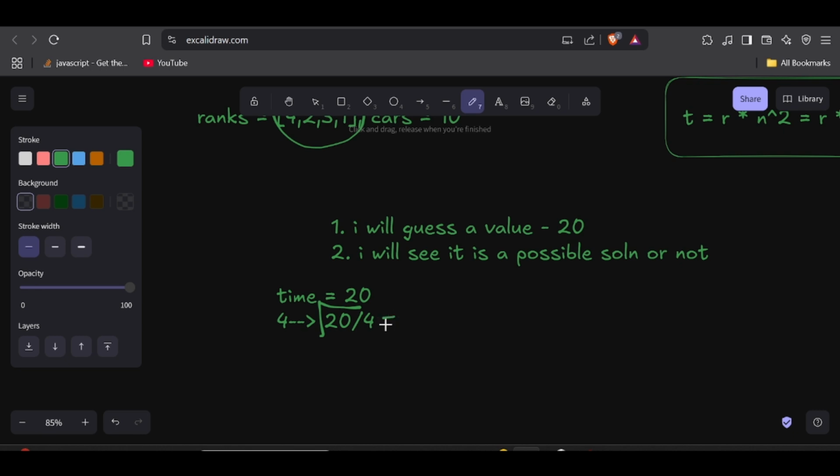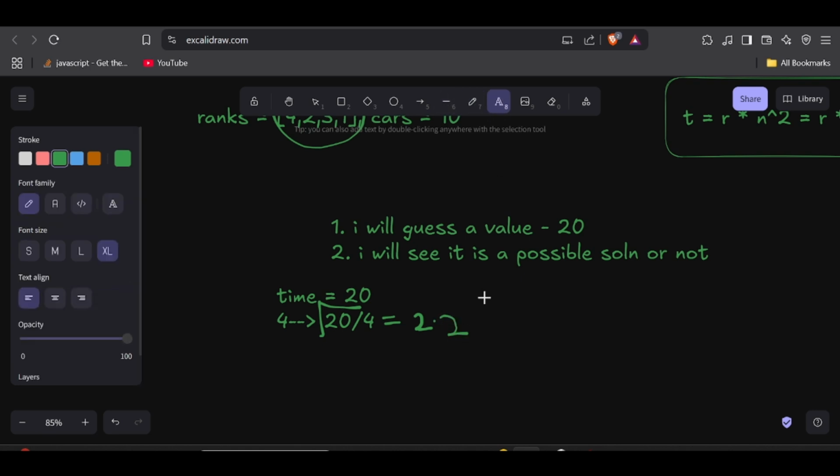So it will be 20 divided by 4, that is 5, and the square root of 5 is around 2.2. I will convert it into the integer, so it will be 2 only.